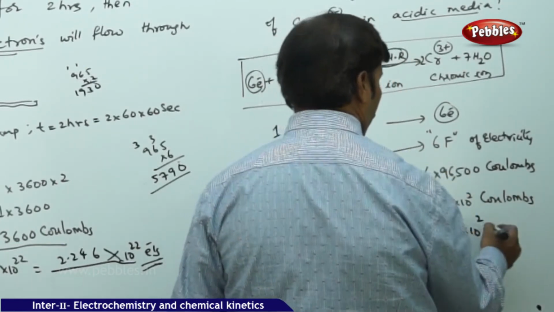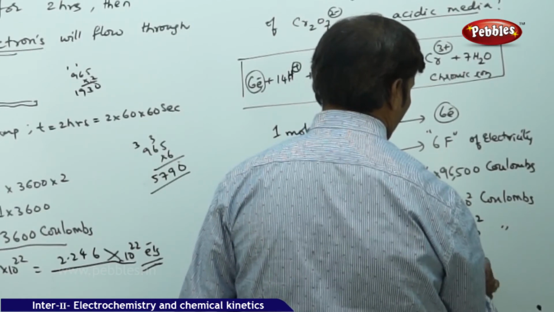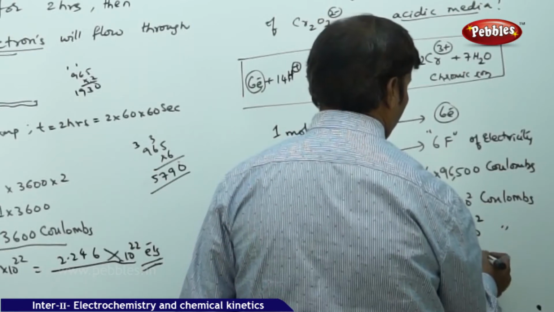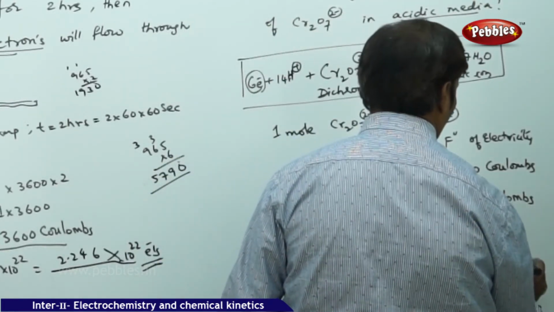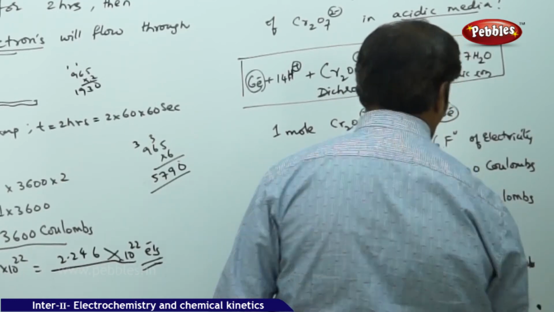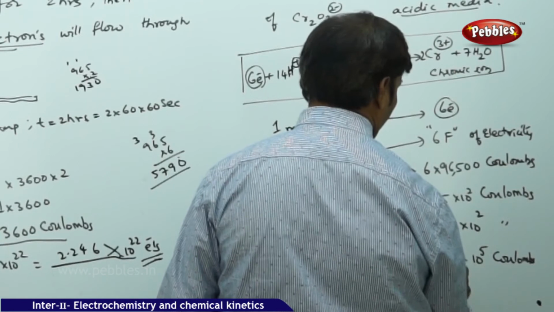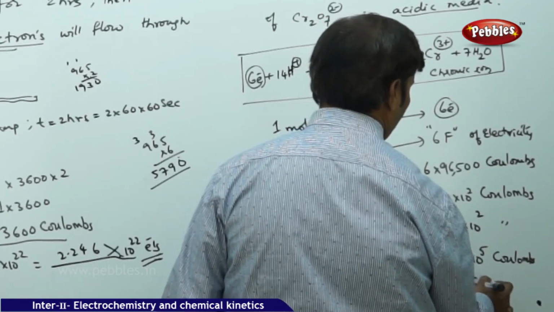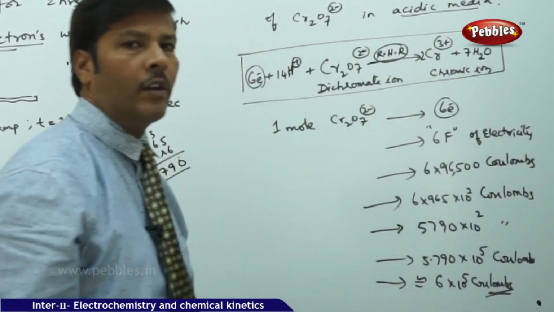Shifting the decimal 3 places left, I can take this as 5.79 into 10 to the power of 5 coulombs, or approximately 6 into 10 to the power of 5 coulombs of electricity is altogether required.